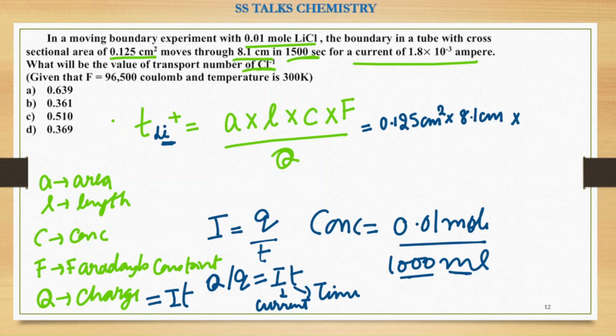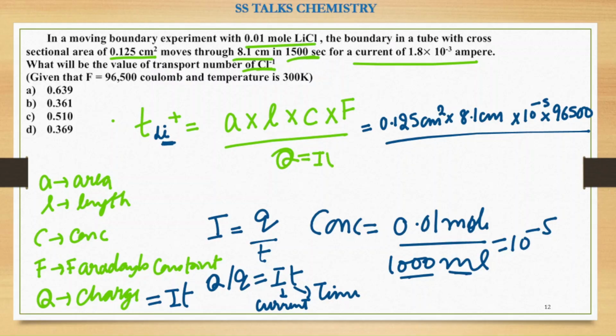So this is gonna come out to be 10 raised to the power of minus 5. Okay, so just substitute this value 10 raised to the power of minus 5, and the Faraday's constant value we have is 96500, that is the charge of 1 mole of electrons, upon the Q, that is I into T.